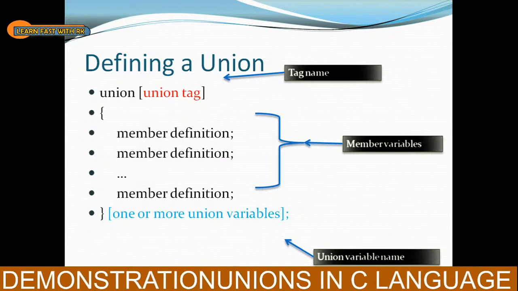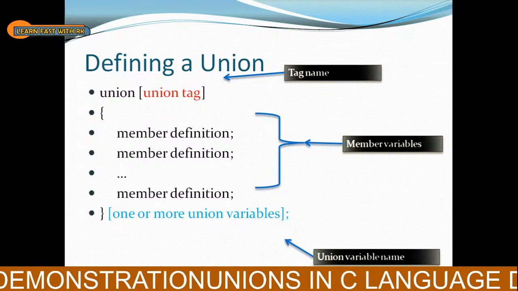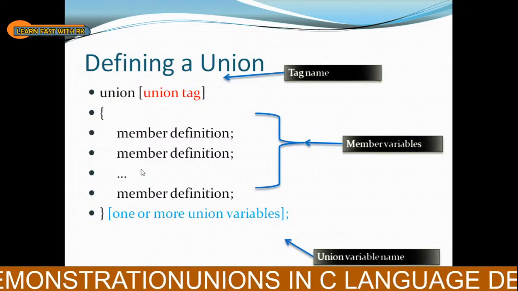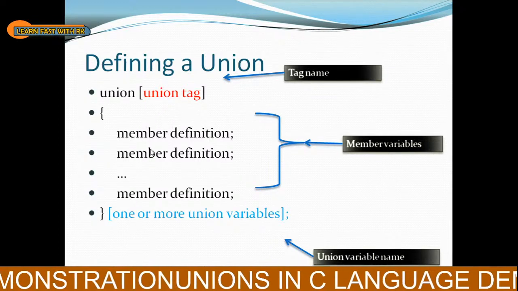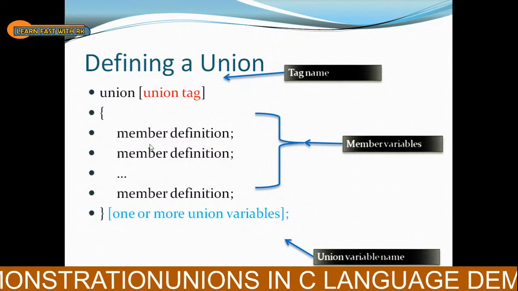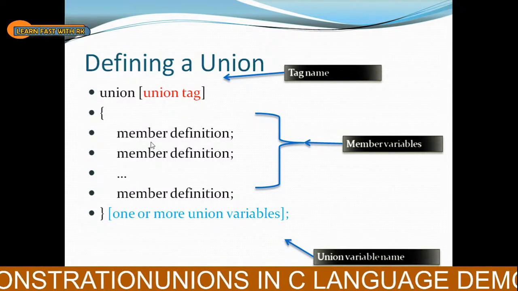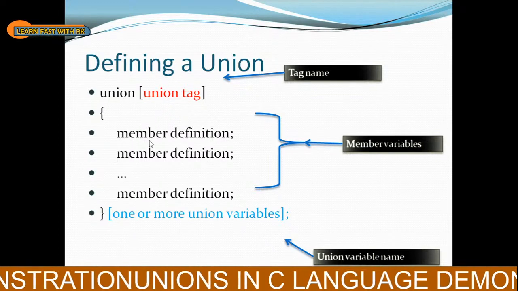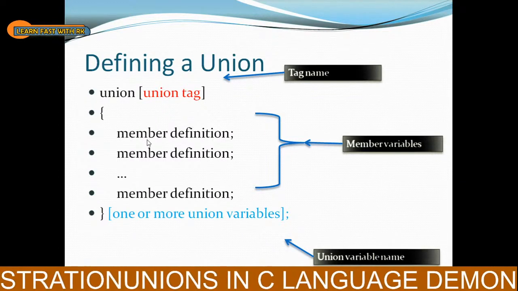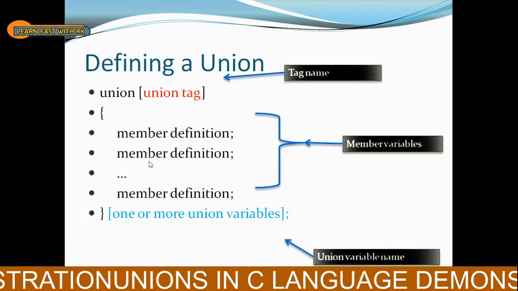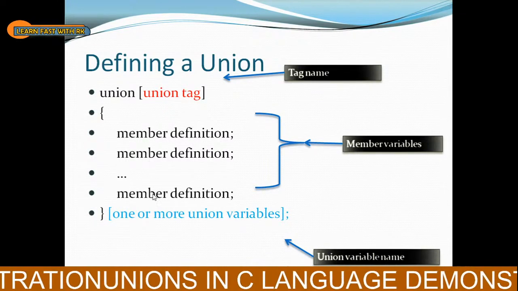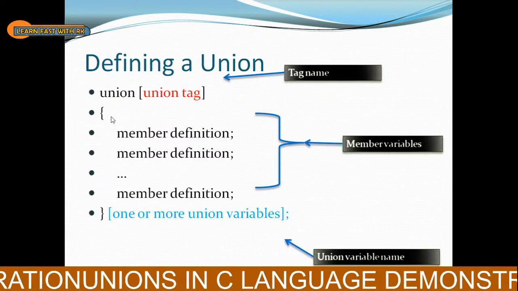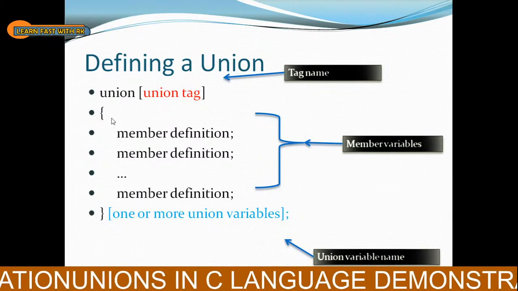You must keep this tag name in case you use this union for further reference in your program. A union may contain one or more member variables just like this. And one more specialty of the union is that it facilitates heterogeneous data types. For example, you can use an integer variable, a float variable, and a char variable all together in one single union data type.